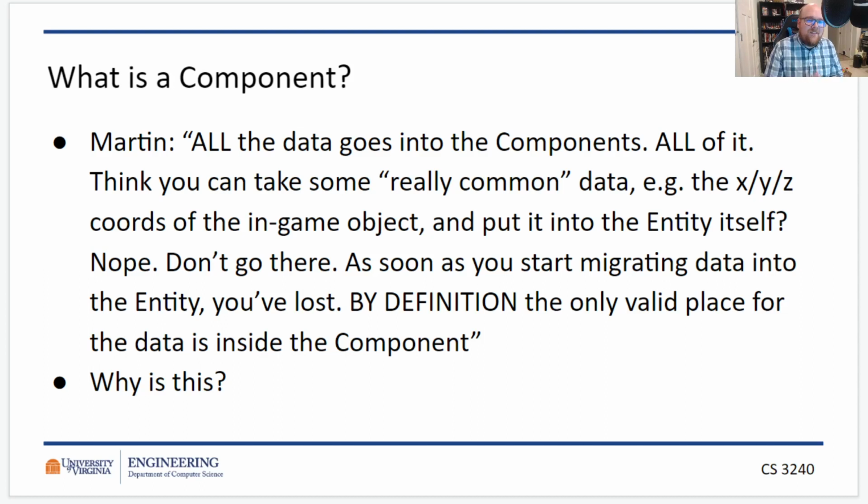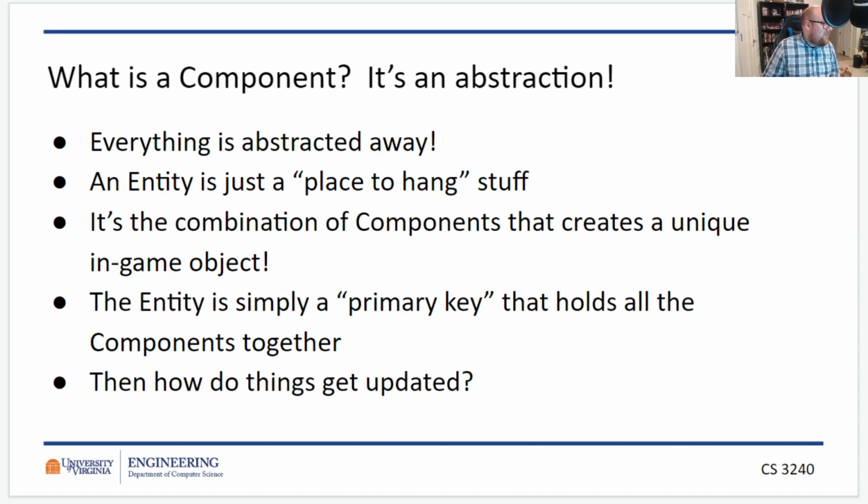And so all the data goes into the components. All of it, and I like the way he says that. So you might think, okay, but really common things like XYZ, why don't we just put that in the entity? No, because as soon as you start migrating data into the entity, you've lost. It should be in the component. Why is this? Because it abstracts everything away. The entity is just a place to hang stuff, and that stuff can be whatever you need it to be based on the components.